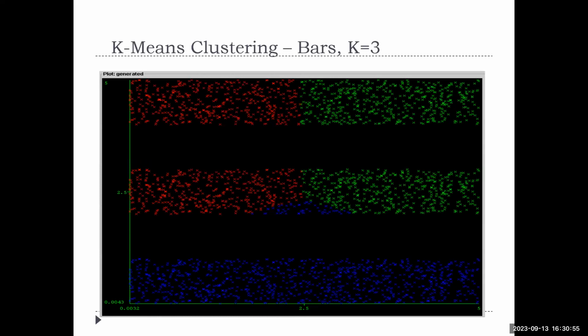This is another example. 3 bars with k is equal to 3. You didn't get bars as clusters. Why?